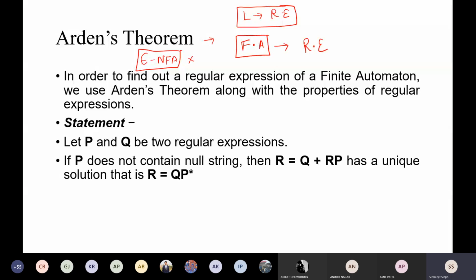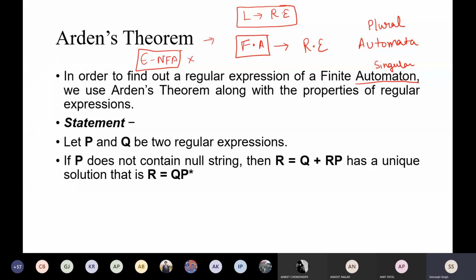Okay, so in order to find out a regular expression of a finite automaton, we use Arden's theorem. You have seen the word automata so many times, so I just want to tell you that automata is said in a plural sense, and automaton is in a singular sense. That is why most of the time you will see automaton here.